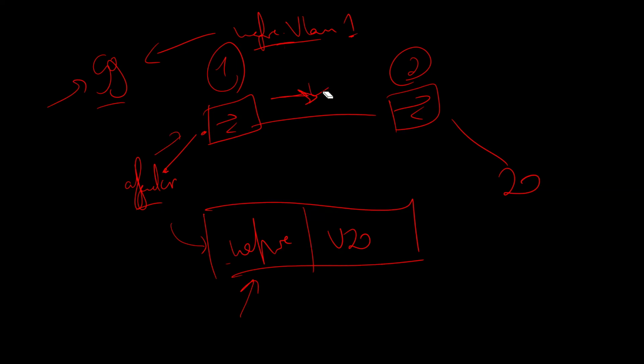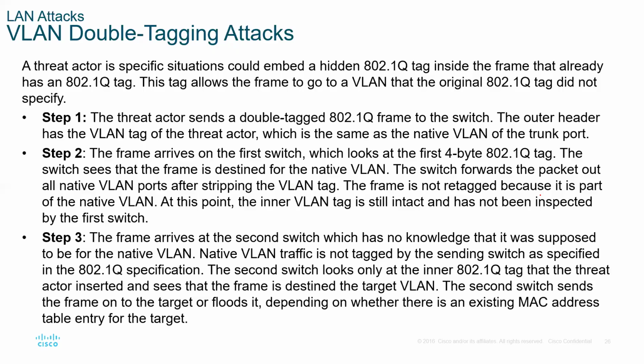So let's say you don't change it. It means the attacker sends a frame with a native tag, and when it gets here it can pass through because it has the native tag. Then when it arrives here, the native tag is removed, and what remains is the VLAN 20 tag. When it is processed at switch number 2, it sees VLAN 20, allowing it to go to VLAN 20. That's basically what double tagging is. That's how an attacker can get access to another VLAN, by masking a frame with two tags, one outer native tag and the other the target VLAN.